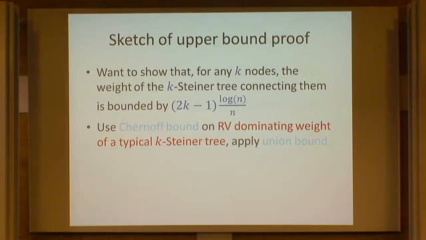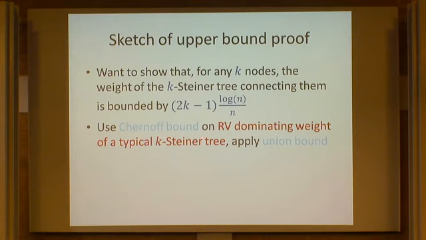Yeah, so how did we do that? We have to work a bit harder. So we find a construction that dominates the weight of, not the worst case k-Steiner tree, but the typical k-Steiner tree. And then we bound the tail of that random variable.